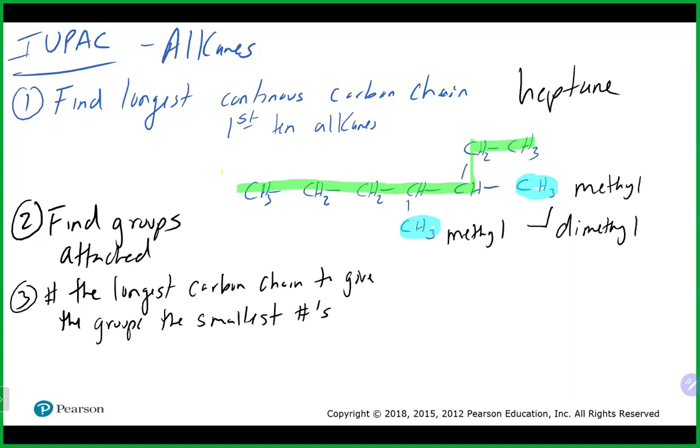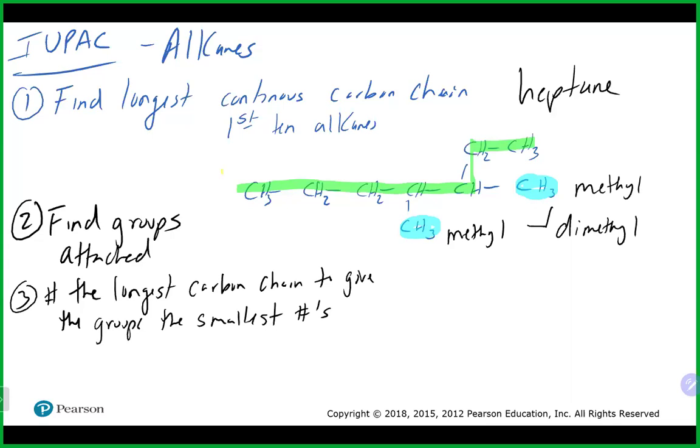And the goal here is to give these two groups the smallest numbers of what carbon they're at. What we're basically doing when we name something is telling everybody, hey, if you come over to this carbon, you're going to find this, right? Come to carbon 4, this is where this group will be. This group's over there at carbon 6 or whatever it may be.